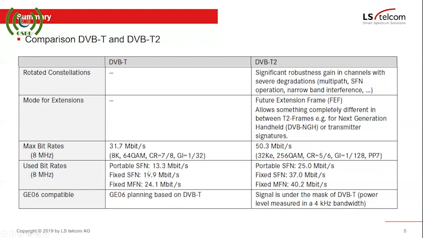Then the used bit rates for the different reception is also quite a bit different, and you can see you can achieve higher bit rates than with T2.